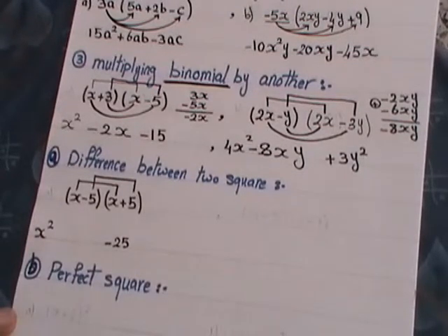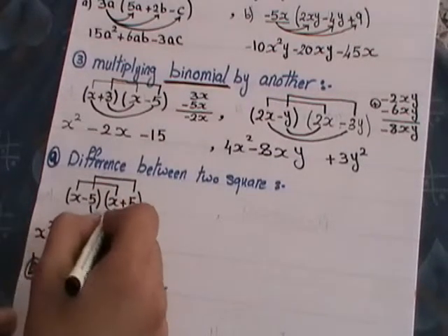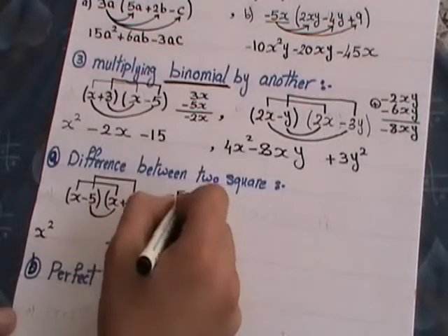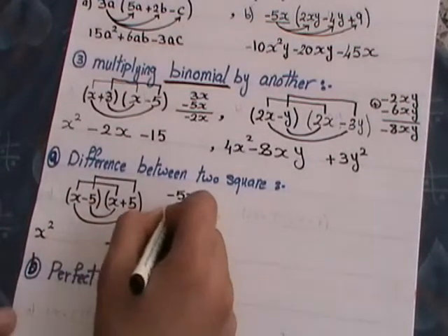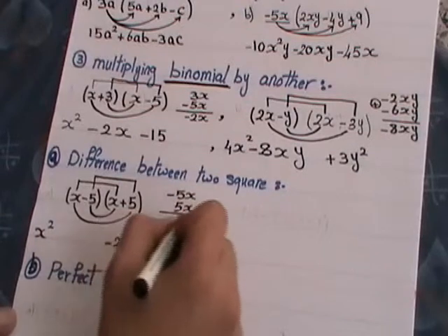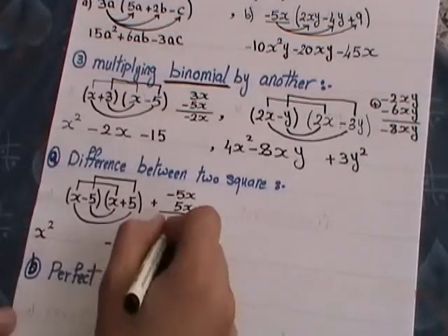And we start to get the middle term. Here we have negative 5 times x equals negative 5x, and x times 5 equals 5x. If we add them, we get what? Negative 5 plus 5 equals 0.